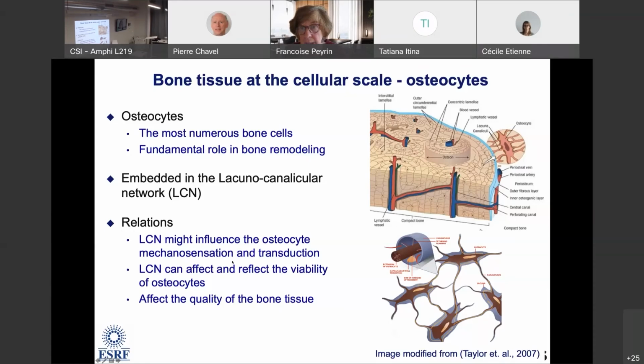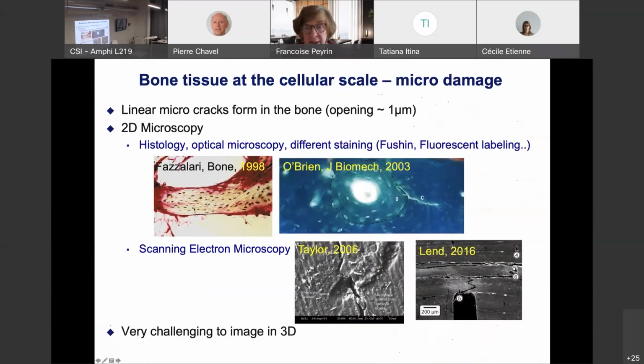And also in bone at this scale, you have not only these osteocytes and their canaliculi, but you can also have what are called microcracks. And these microcracks also have a role in bone remodeling. And again, they are quite difficult to see in 3D. They have mainly been studied in histology or optical microscopy or scanning electron microscopy.